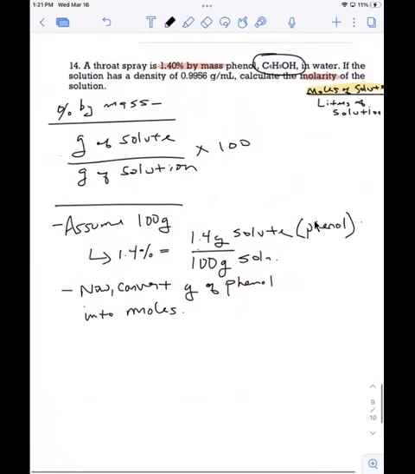Do we have any information present here that we can use to do that conversion? Is it the same as last time? Do we just have to find the molar mass? Absolutely. We need to find the molar mass of phenol. Yep. So how do we do that, based on what's given to us?